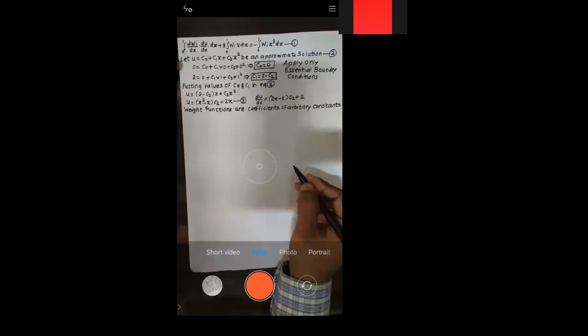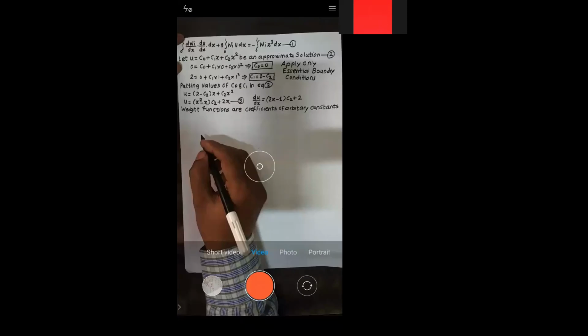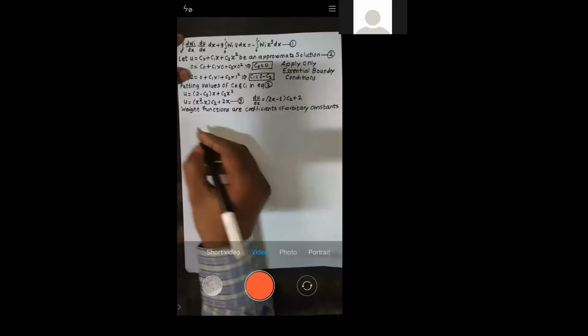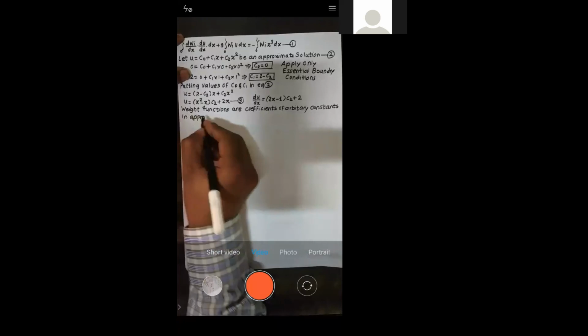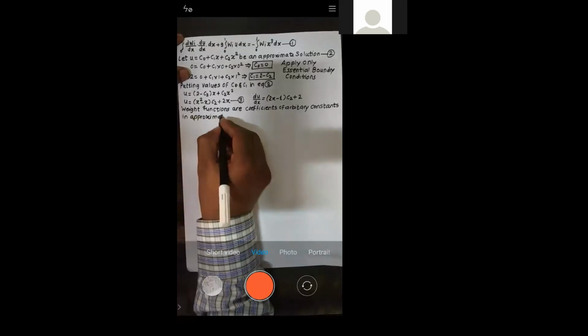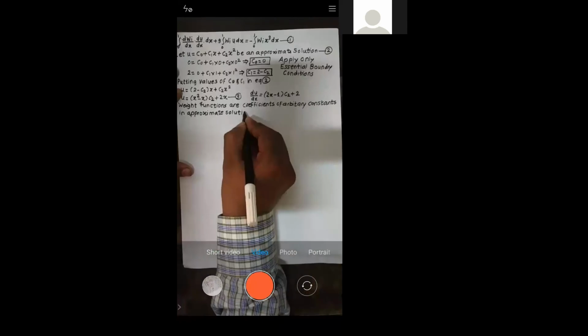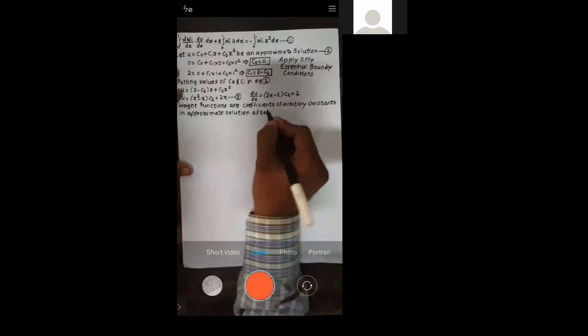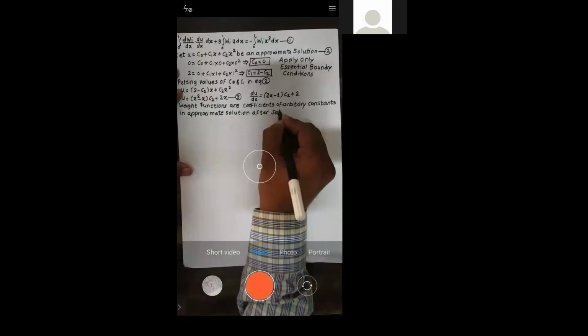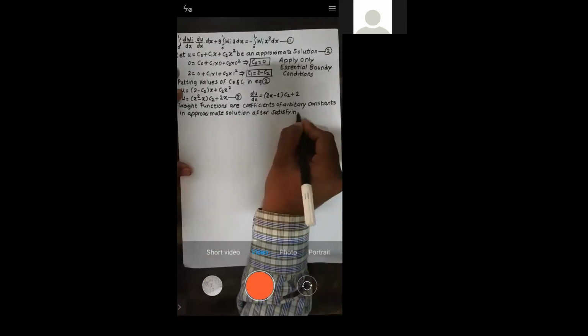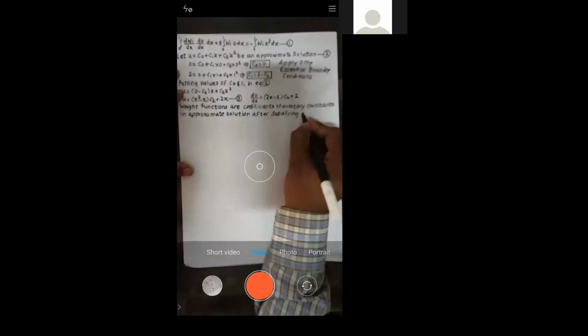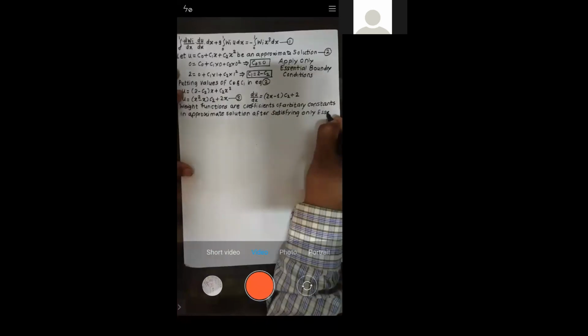So weight functions are coefficients of arbitrary constants in approximate solution after satisfying only essential boundary conditions.